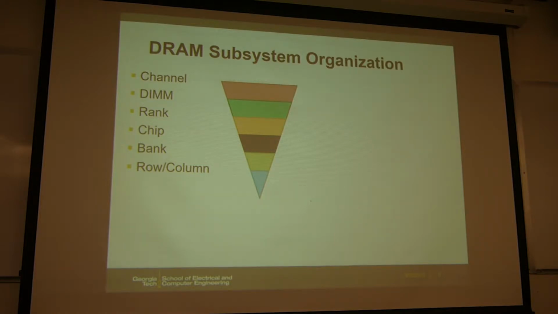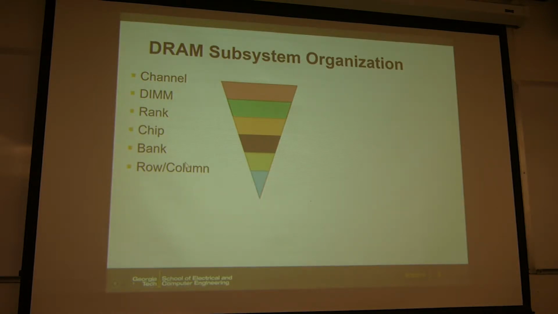Okay, so let's look at the DRAM from the system's perspective first. Let's look at the DRAM subsystem from the computer system point of view. Here we have some hierarchies, levels in the DRAM system, from the top level down to the bottom: the channel, DIMM, rank, chip, bank, and row and column.